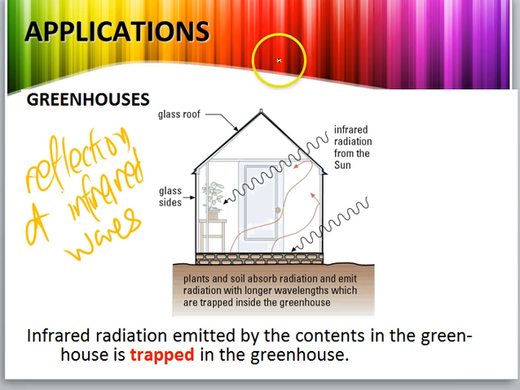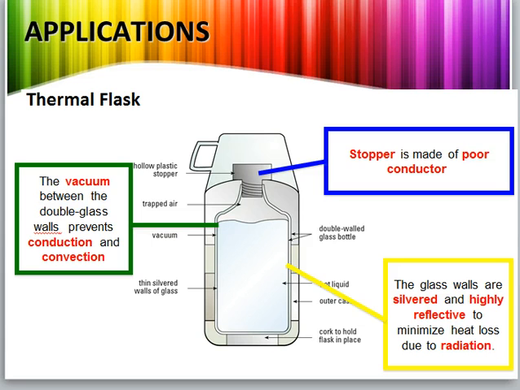It's really a lot more about reflection. So when the infrared waves come in, they will generally get trapped inside here, and the greenhouse will generally be warm.